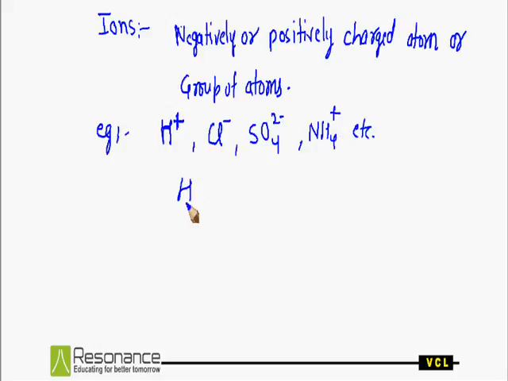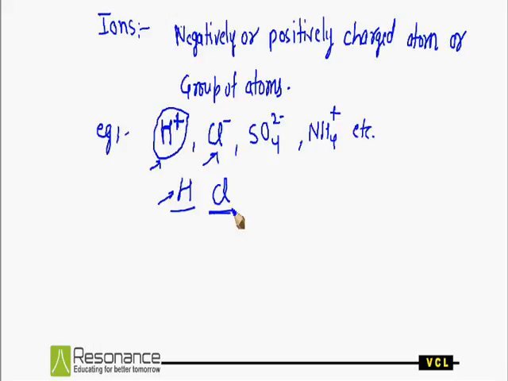If we write H, it is an atom, not an ion, because it has no charge, but H plus has 1 unit of positive charge, so we can say that this is an ion of hydrogen and this is an atom of hydrogen. In the same way, Cl represents 1 atom of chlorine, but Cl minus represents an ion of chlorine because it has 1 unit of negative charge, and it is known as chloride ion.